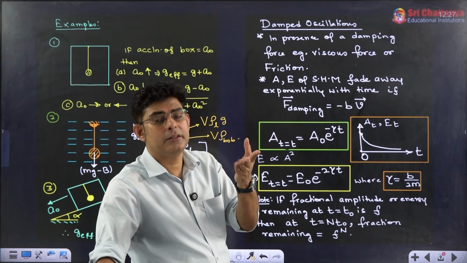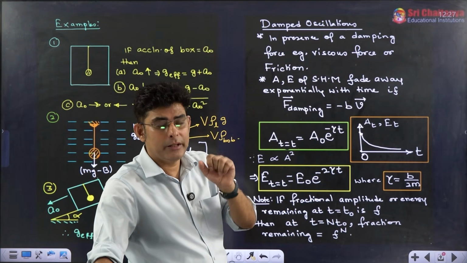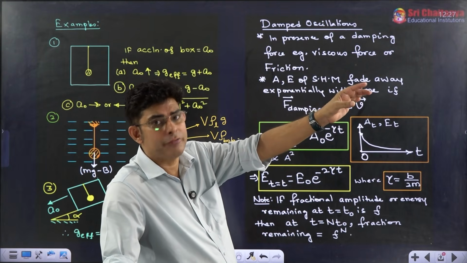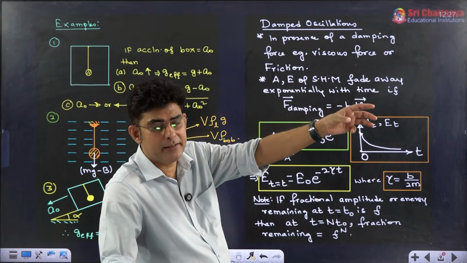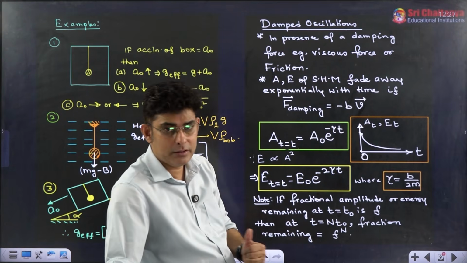In the next 2 seconds it will become 1 by 8. So in general, after n half lives or n times of 2 seconds, how much will remain? A naught by 2 to the power n. That is what I am trying to say here.